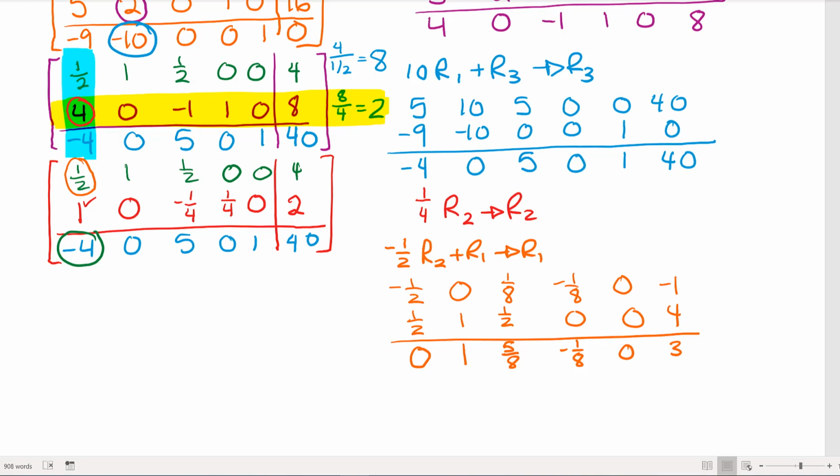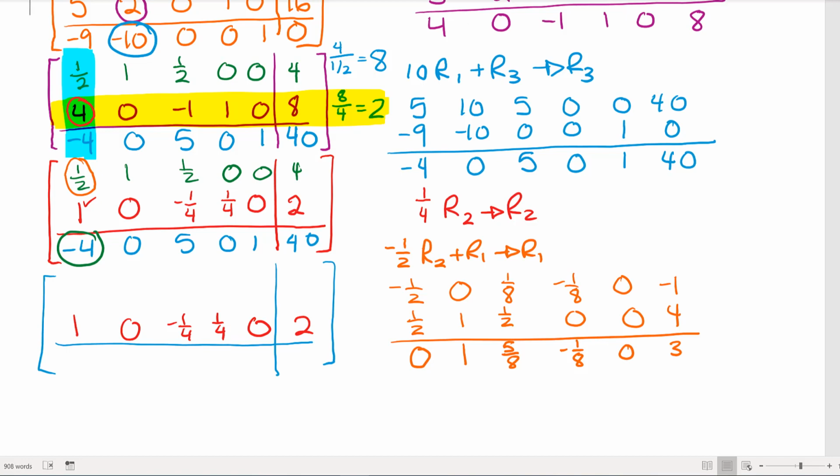So I have a new matrix. Row 2 is going to stay the same. That's the red row. So I have 0, 1, negative 1/4, 1/4, 0, and 2. My first row is going to be replaced with the 0, 1, 5/8, negative 1/8, 0, and 3 that I just calculated.